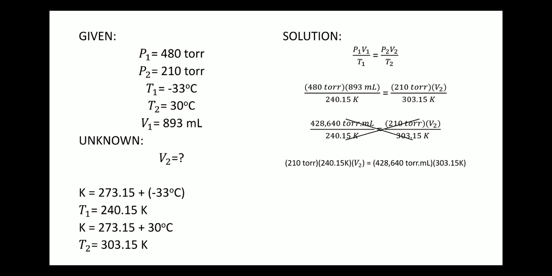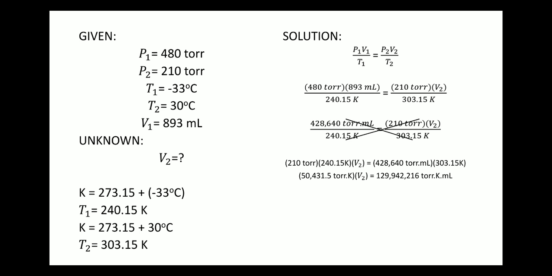So, in cross multiplying, 210 torr, 240.15 K, and V2, you just need to copy it, and then we multiply 428,640 torr ml to 303.15.